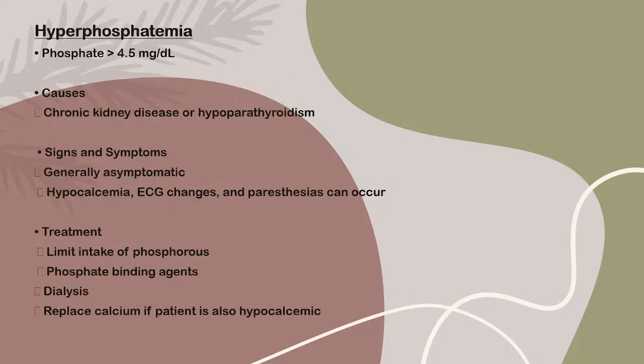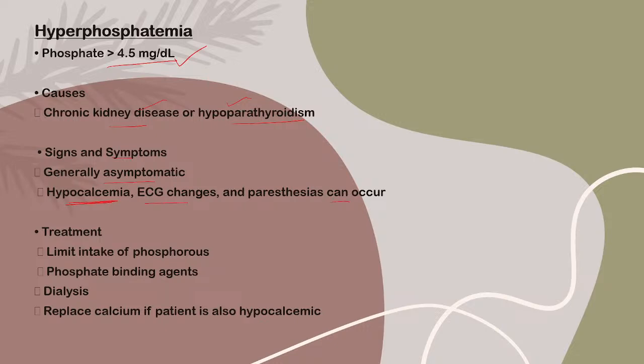So hyperphosphatemia, that is phosphorus more than 4.5 milligram per deciliter. The main causes are chronic kidney disease or hypoparathyroidism. Signs and symptoms: generally it is asymptomatic, but sometimes there may be hypocalcemia, ECG changes, and paresthesia.